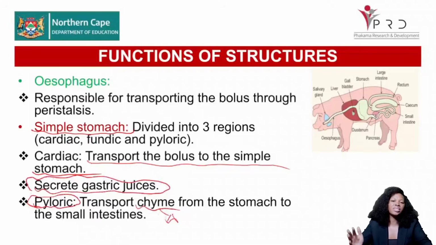Now, when moving from a simple stomach to the small intestines, we are transporting the chyme. Why? The food particles have been mixed with the gastric juices. I hope that I'm making sense and you understand what I'm saying.